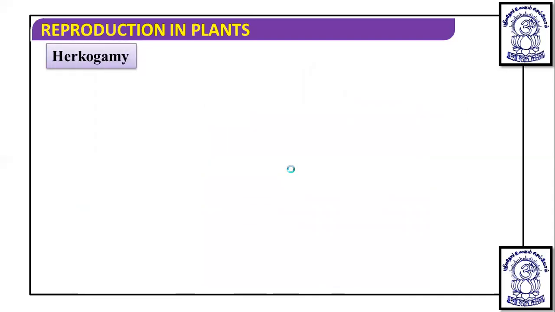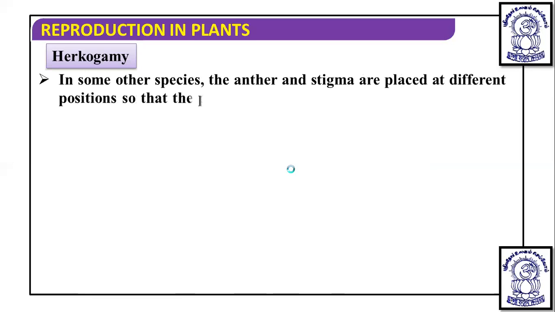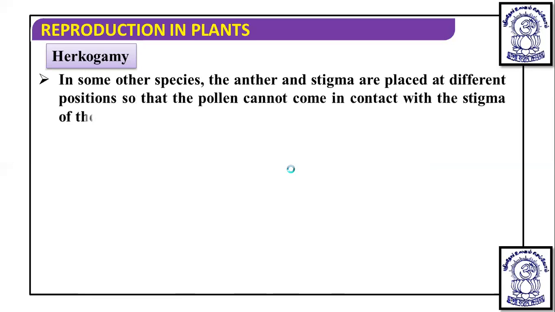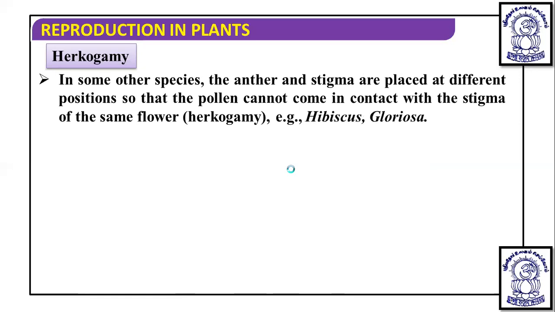Next, we are going to talk about another outbreeding device, that is herkogamy. When we talk about herkogamy, dear student, we come to know that in some other species the anther and stigma are placed in different positions so that the pollen cannot come in contact with the stigma of the same flower.